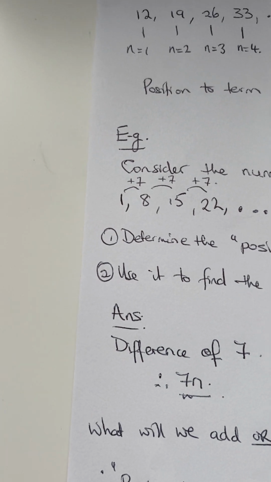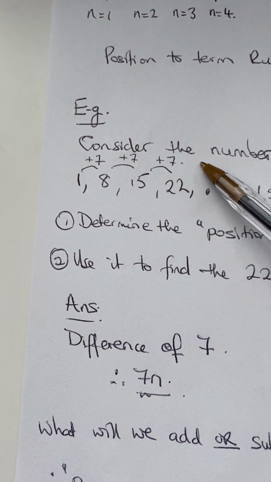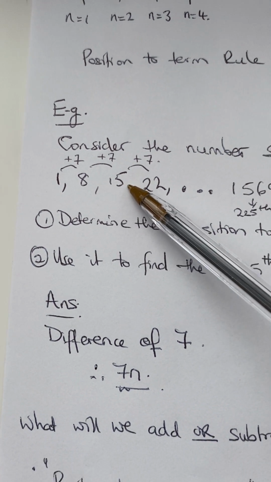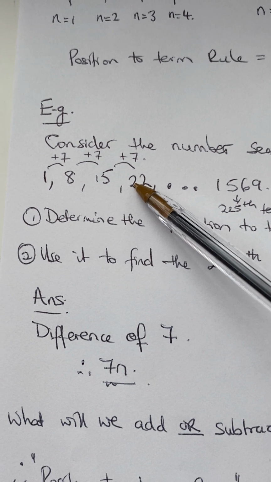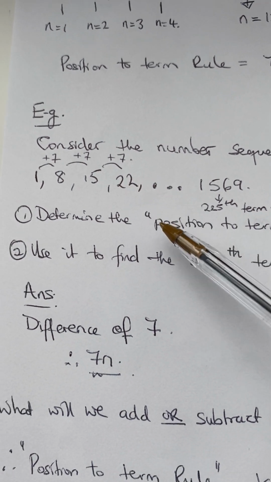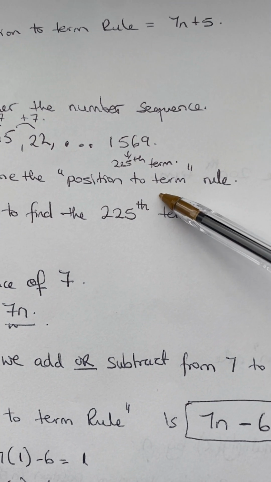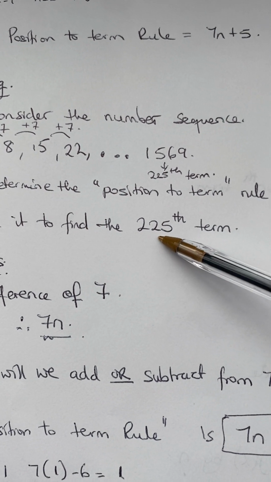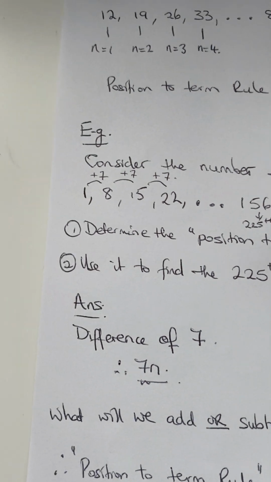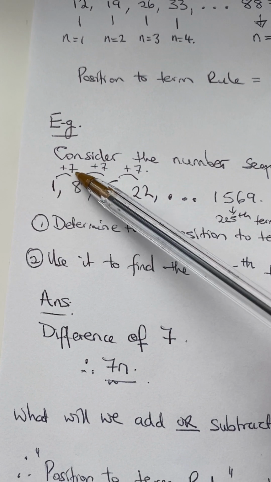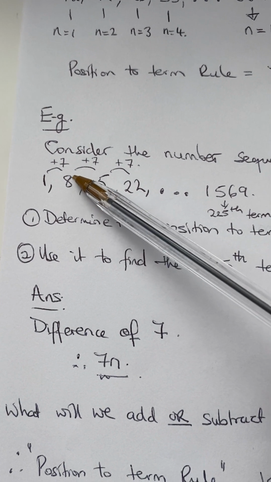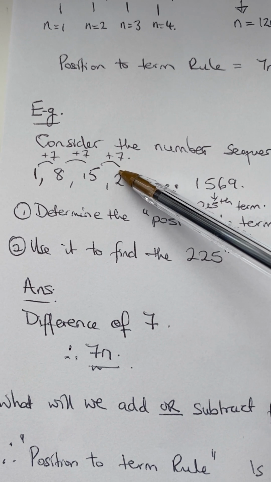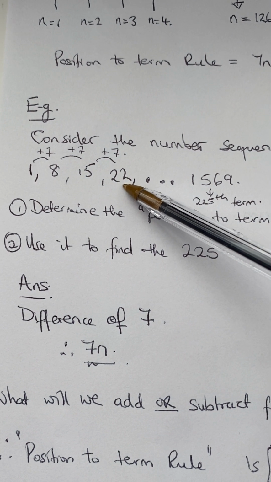Now another example. Consider the number sequence 1, 8, 15, 22. Determine the position to term rule and use it to find the 225th term. So 1 plus 7 is 8, plus 7 is 15, plus 7 is 22.